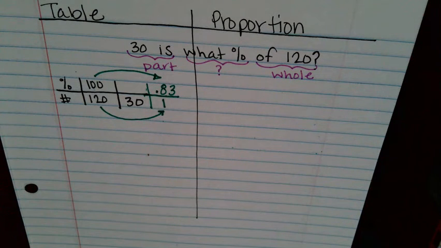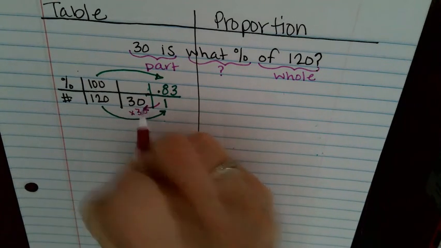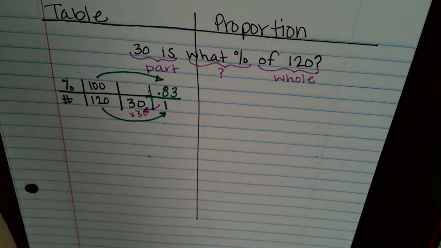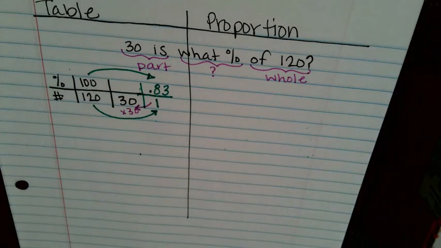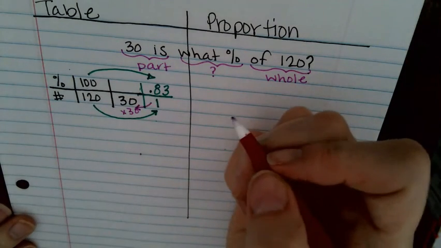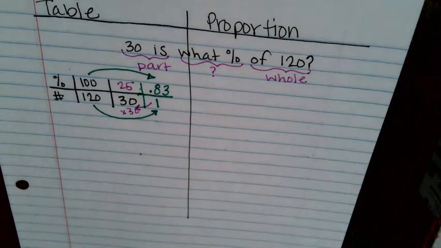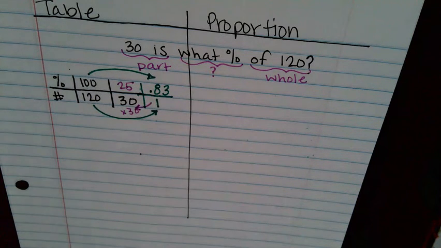And then what I'm going to do is I can now multiply by 30. So I'm going to take that number that I just had, that 0.83, and I'm going to multiply it by 30. Okay. And I'm going to get 24.9999 repeating, so I'm going to call that 25. Okay, so that's kind of weird there because this is a repeating decimal. I don't know if you guys could see that when I put that in there.